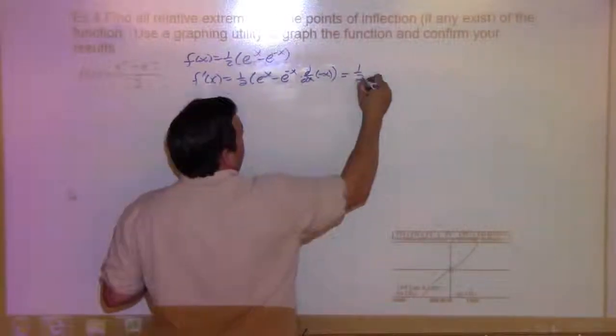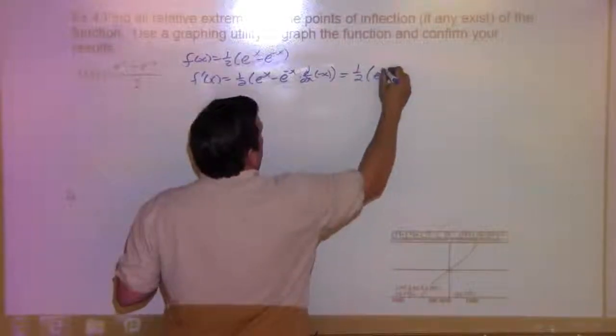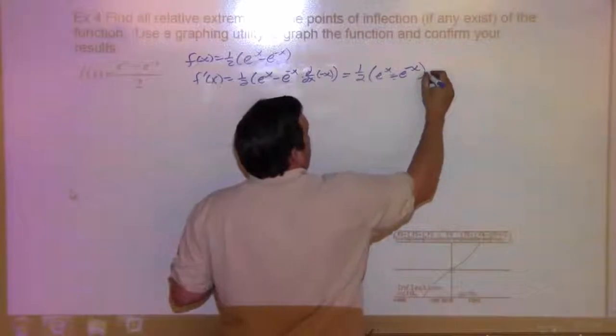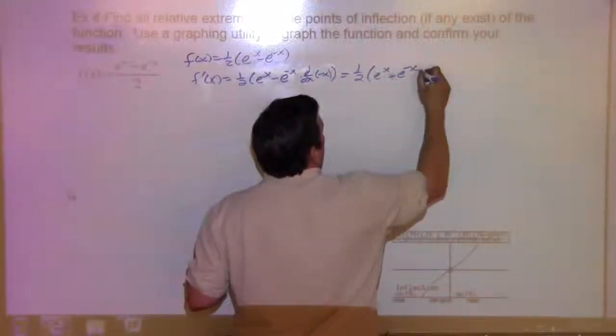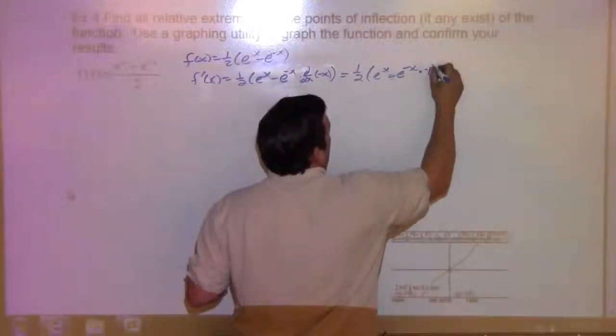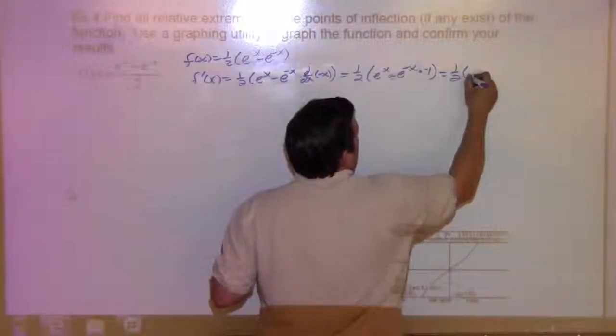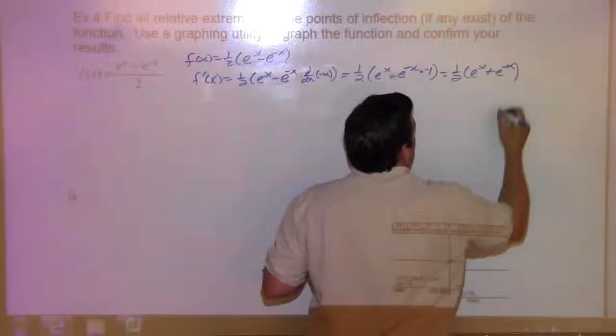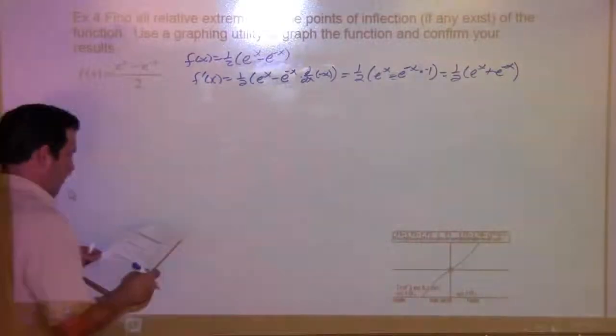That's going to be 1/2 e to the x minus e to the negative x times negative 1. So we get 1/2 times e to the x plus e to the negative x is our derivative.